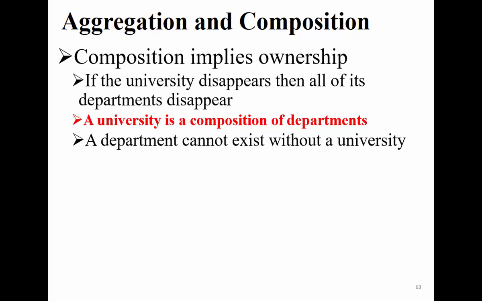We say that composition implies ownership. When we have a composition between two objects, that means ownership. If the university disappeared, then all of its departments disappear. There's no point in having a department object flying around without being assigned to a university. So a university is a composition of departments.